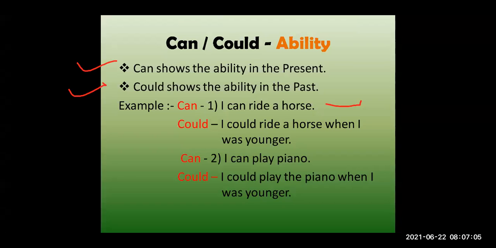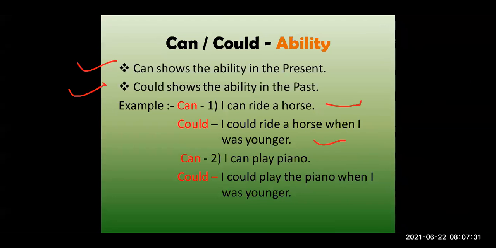Could shows the past ability, like I could ride a horse when I was younger. What is the sentence telling? That I could ride a horse when I was younger, and now it is not possible for me to ride. So could shows the past ability.